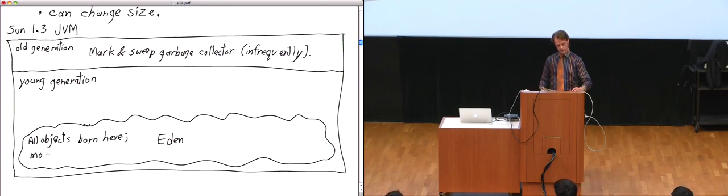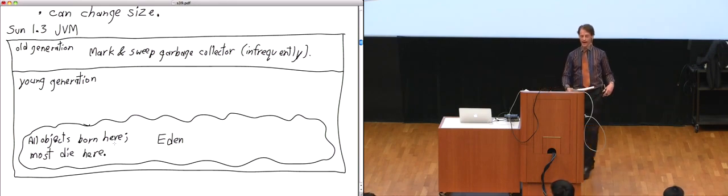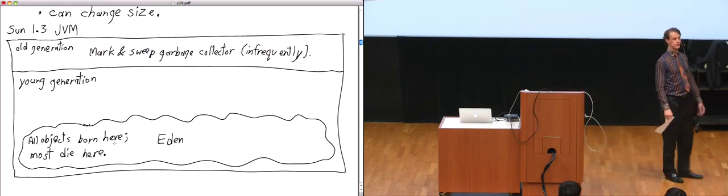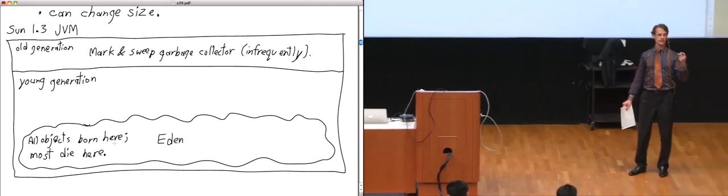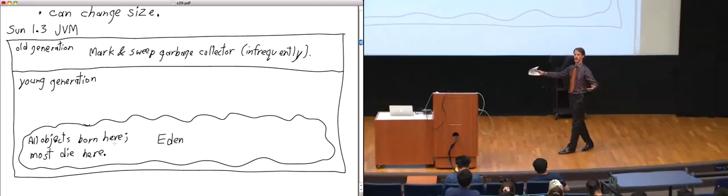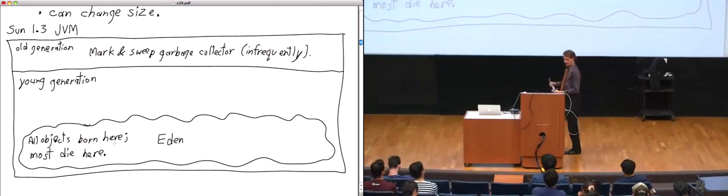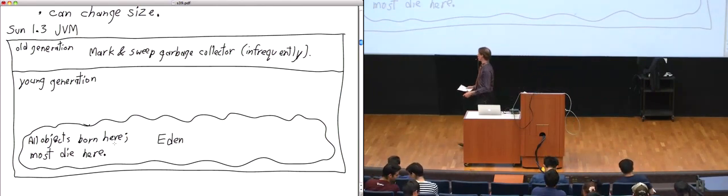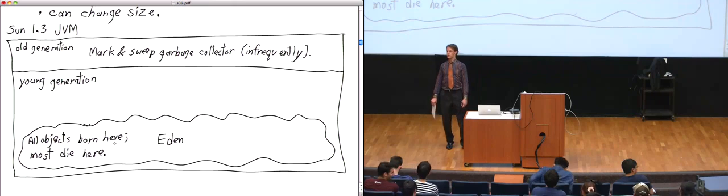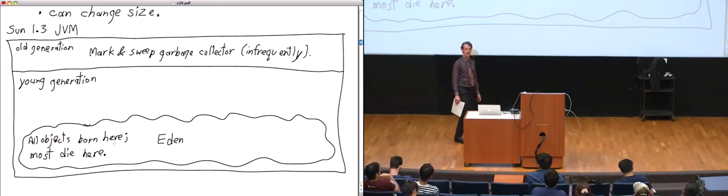And most objects will die here. Aww. Because, as I said, most objects are short-lived. Studies show that most objects get created, used like a flash in the pan, and then discarded. Poor objects. But so there's no point in worrying about garbage collecting them much, because most of them aren't going to survive the first garbage collection or two.